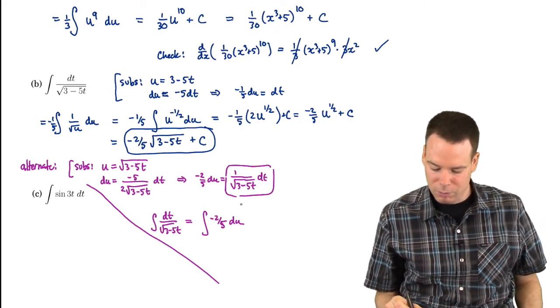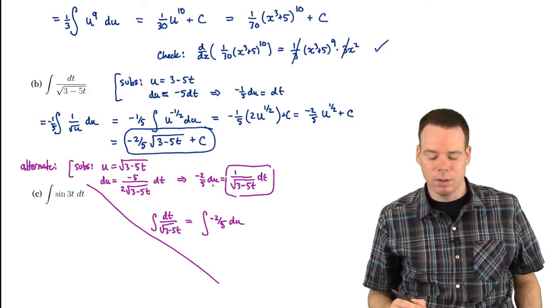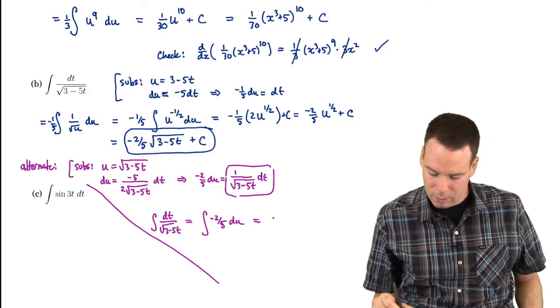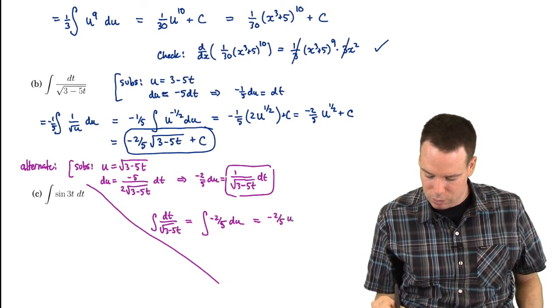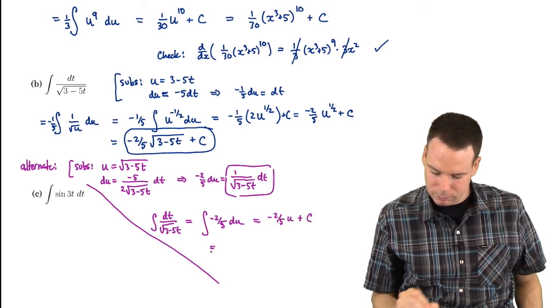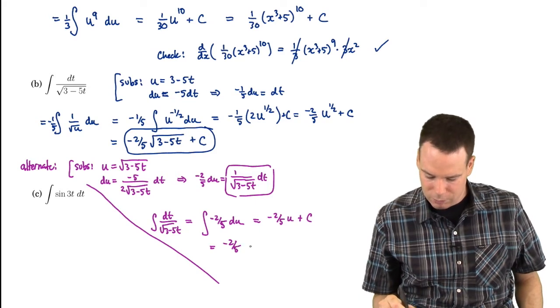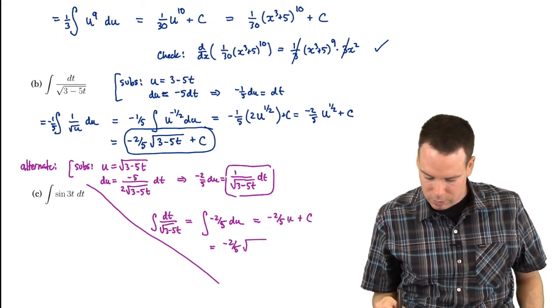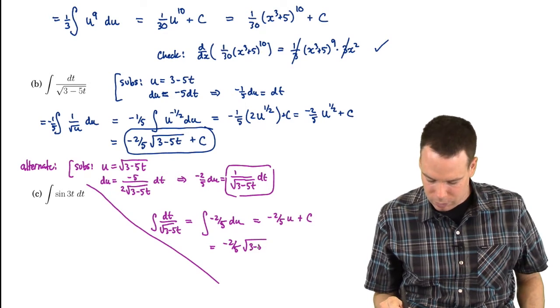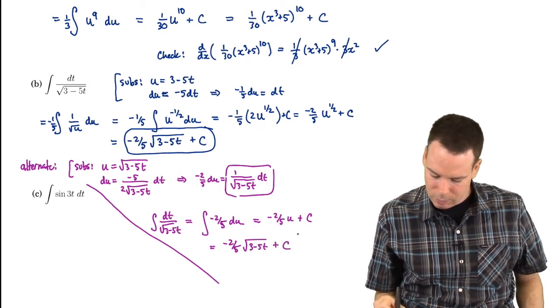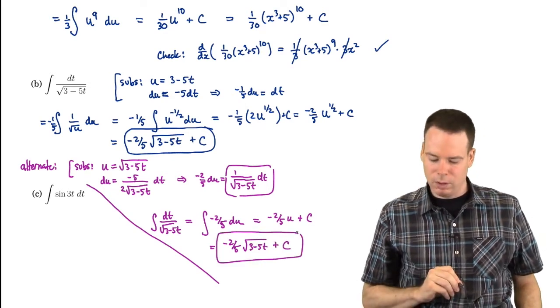The whole integrand was able to be replaced with just the negative 2/5 du. And so that becomes a negative 2/5 u plus c, which, putting everything back in terms of t, becomes a negative 2/5. What is u? u is the square root of 3 minus 5t, plus c, and so there is our result.